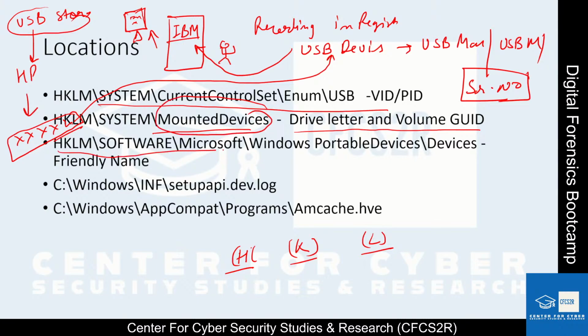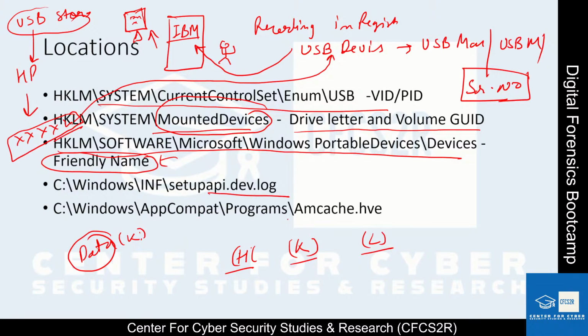Then HKLM Software Microsoft has the friendly name. What is the friendly name of the device? Sometimes you put a name like Data, and this type of drive letter is available, so Data is basically the friendly name. All these details are available, and there is one more hive, and these are the different files in which you will be able to find the details.